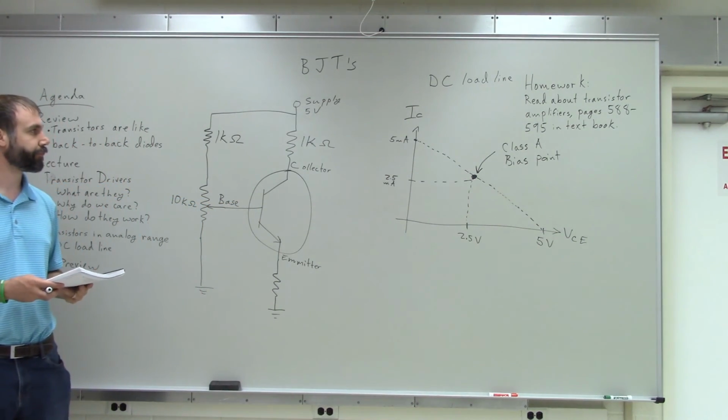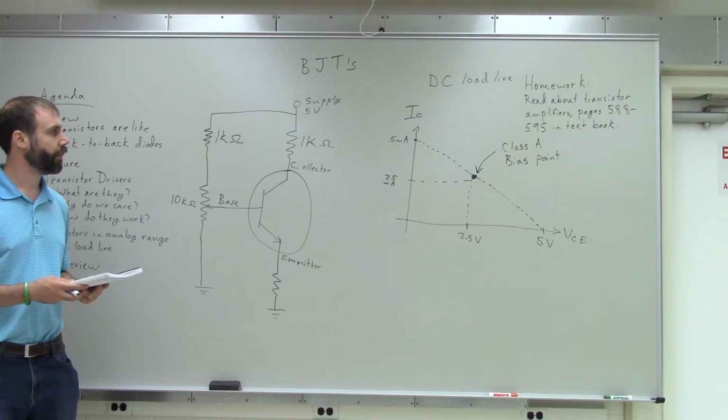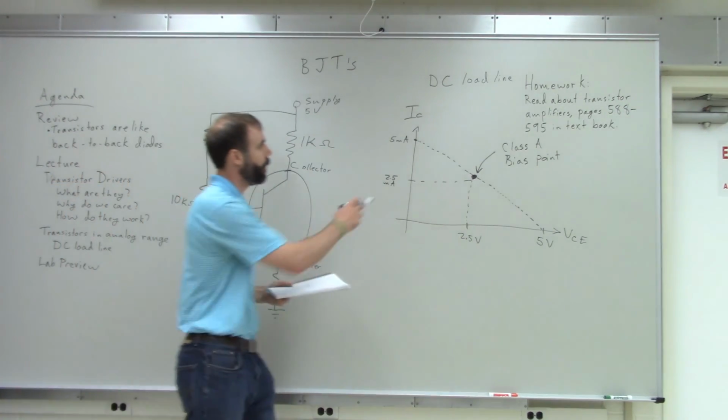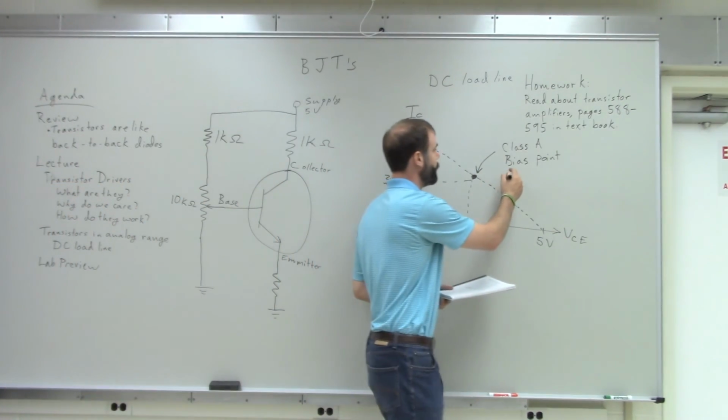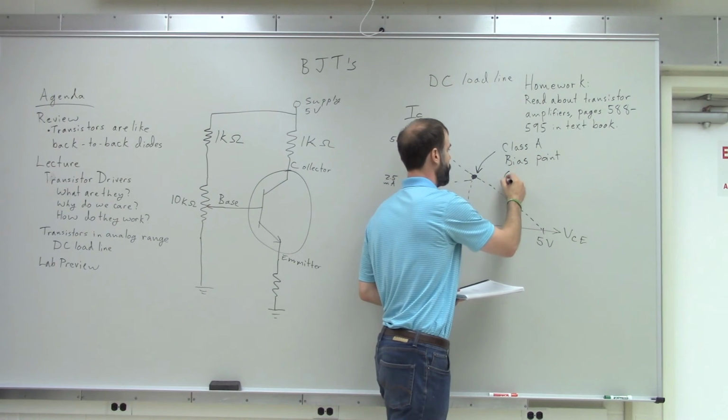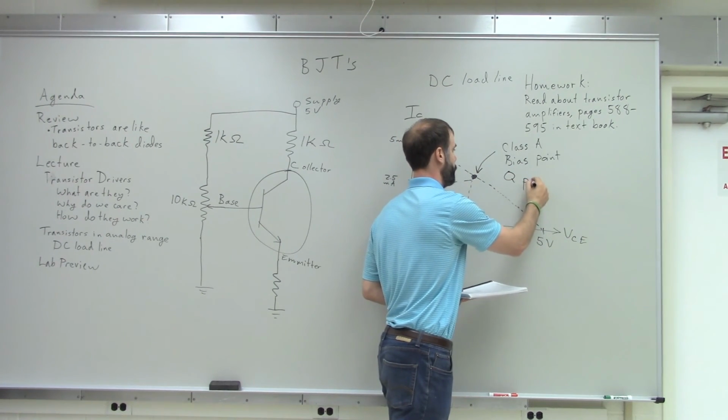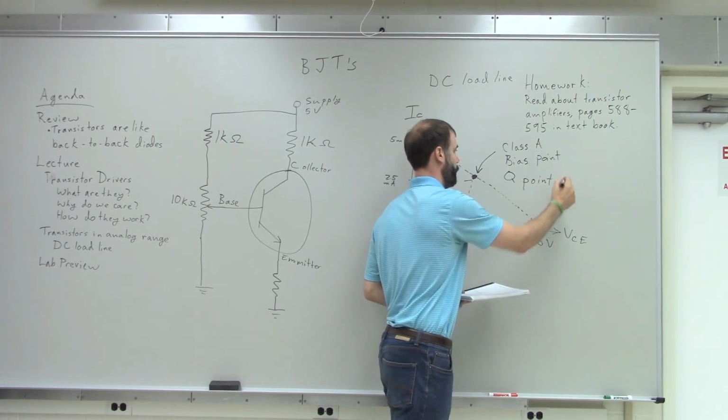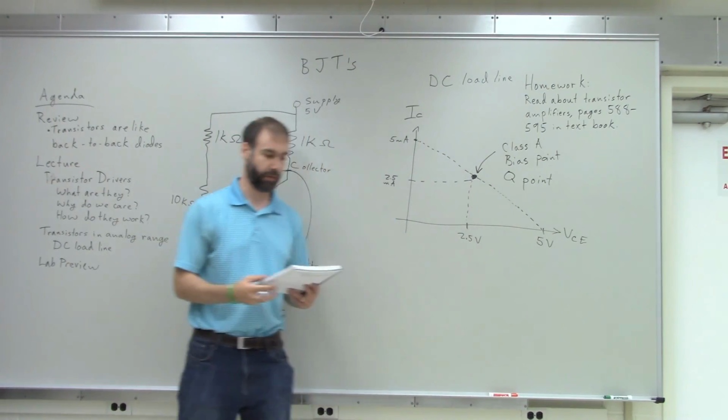And then you're going to find this Class A bias point. This is also known as the Q point. And you're going to mark that on your graph.